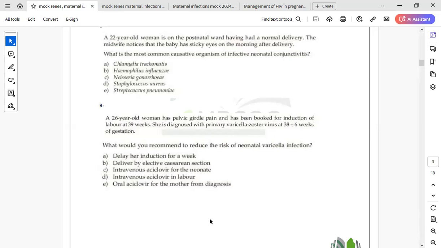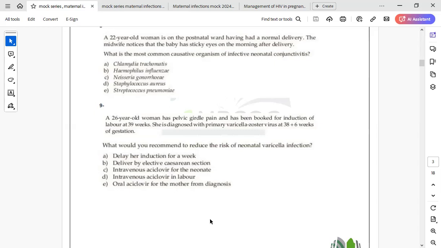And this is why when you have recurrent varicella zoster, we don't really fear anything, because this woman already has antibodies, and these antibodies are going to transfer to her baby. So she can have a vaginal delivery. She can have treatment if she's having severe symptoms.